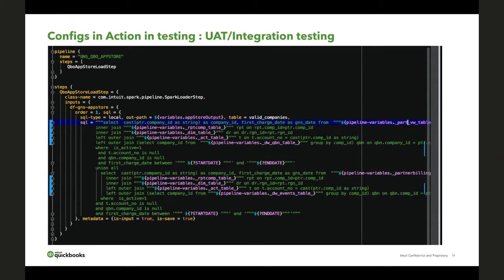Now let's see those configs in action in testing. We mentioned how I can test in different environments. As you see, once I write the SQL steps, they have some datasets like tables and schemas, etc. How can I scope them in different environments? If I'm running in UAT, then I might need to use a UAT schema. If I'm running in production, then I might need to use a production schema.